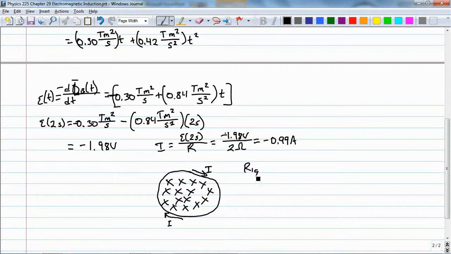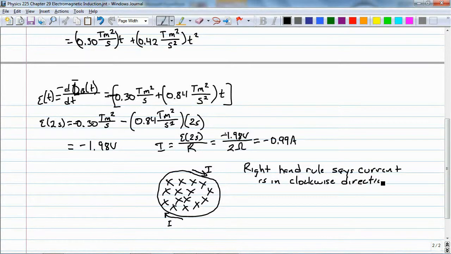So the right-hand rule says current is in the clockwise direction, so the induced current is in the counterclockwise direction.